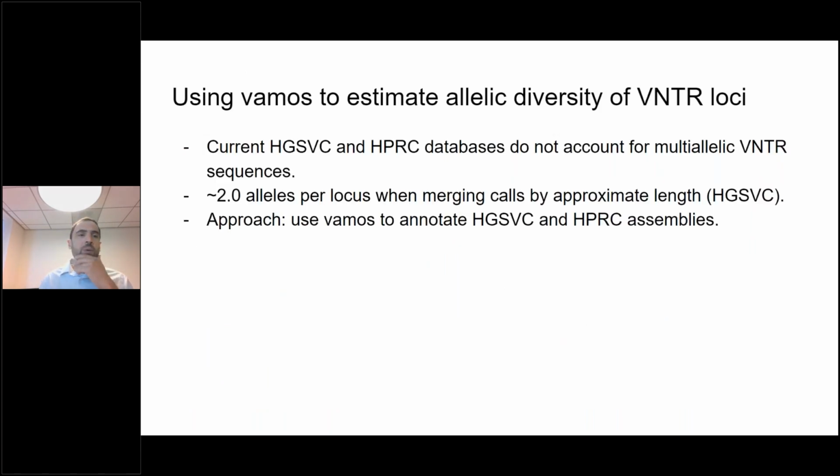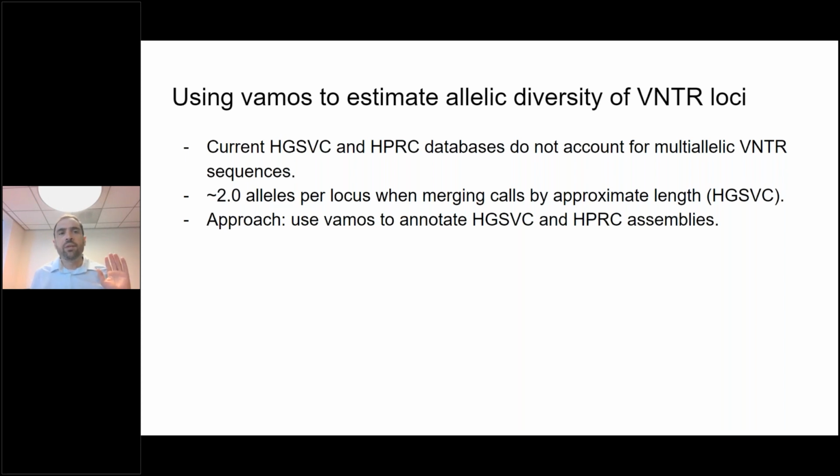Okay, so what does this look like in terms of what we can find and the biology that we can find with this current data that we have? Again, I mentioned before, the current human genome structural variation and human pangenome reference consortium variant databases don't really account for multi-allelic tandem repeat sequences, at least directly.